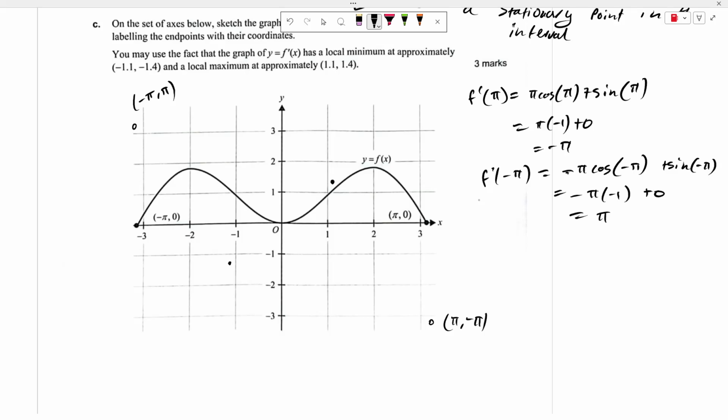So now if we try to connect the dots, right, we're probably going to get something like this.